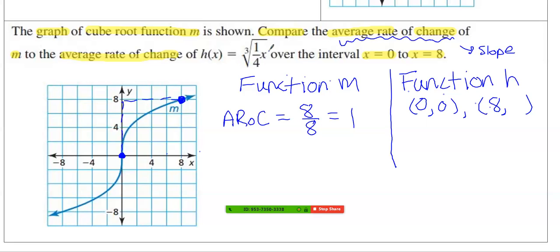But when I substitute 8 in for x, I have to take 1/4 of 8 and I get 2. So I have to take the cube root of 2. Well, what's the cube root of 2? We need a number times itself times itself that's equal to 2.